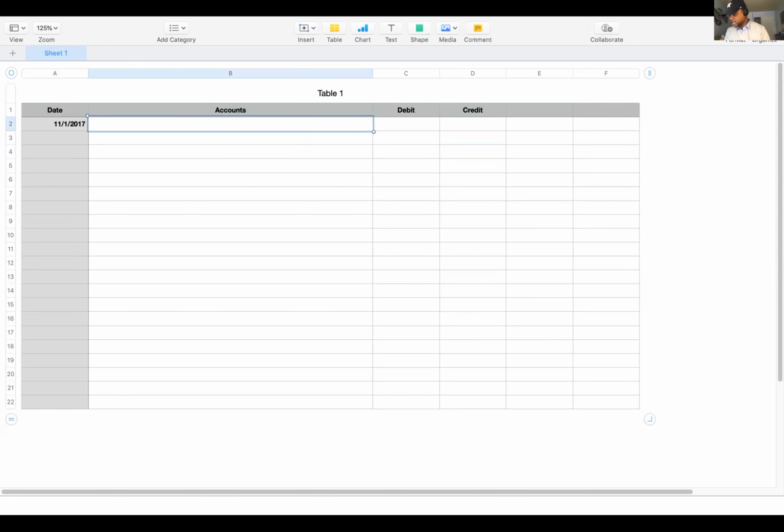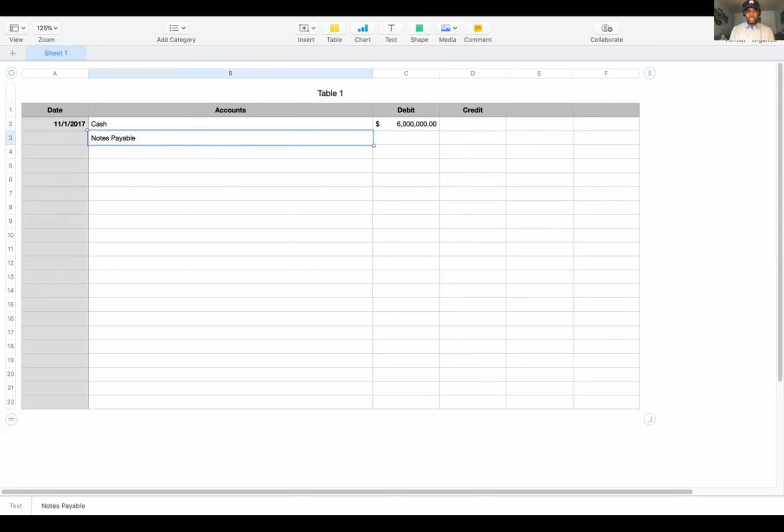We borrowed $6 million in cash, right? So we would increase our cash, debit cash, for $6 million. For our credit, we would credit notes payable.